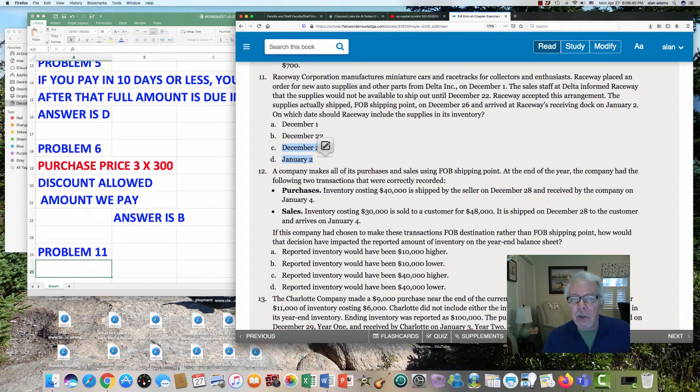So how do you determine who owns it? This little phrase right here, FOB, shipping point. That means that as soon as the seller loaded it onto their truck and shut the door and the truck started to roll, we, Raceway, the buyer, own it. Okay? So title did pass while it was on the truck. So it doesn't matter when it arrives.